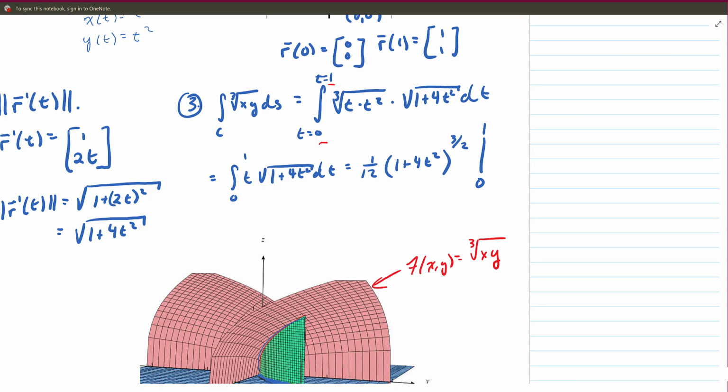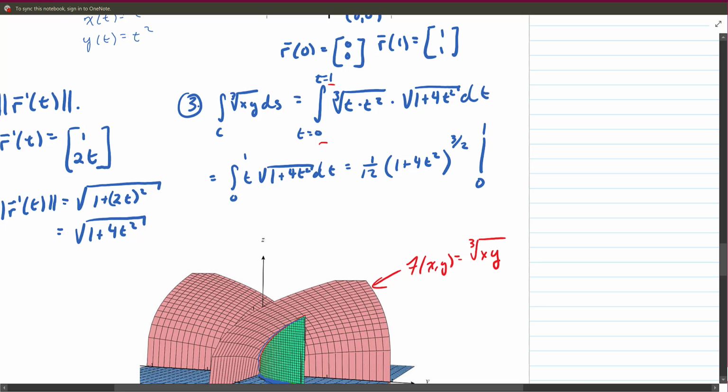And so then if we evaluate this at the limits of integration, we would have 1/12 times, if we plug in a 1 here, that would be 5 to the 3/2 power, minus, if we plug in a 0 for t, that would just be 1 to the 3/2 power. And that cleans up to be 5 square root of 5 minus 1 over 12. And you can check that arithmetic there.